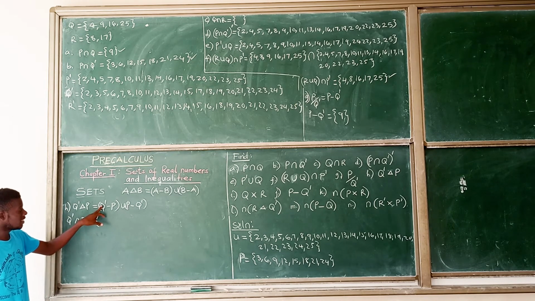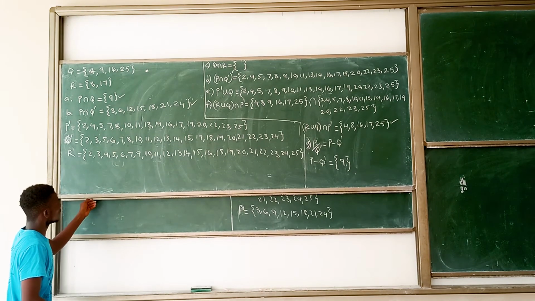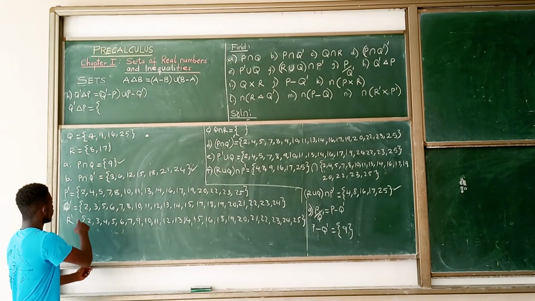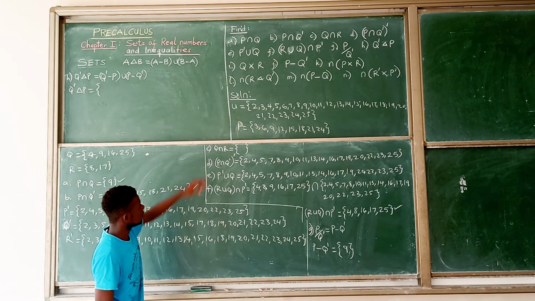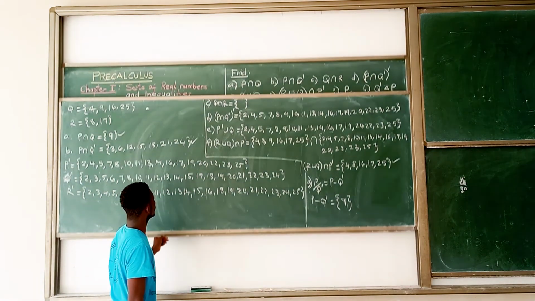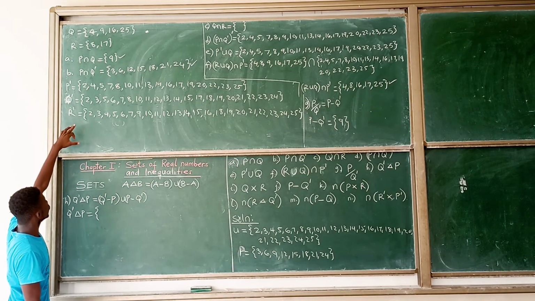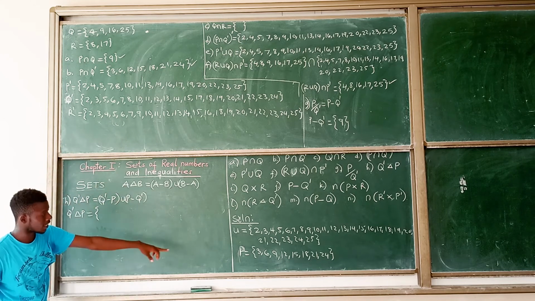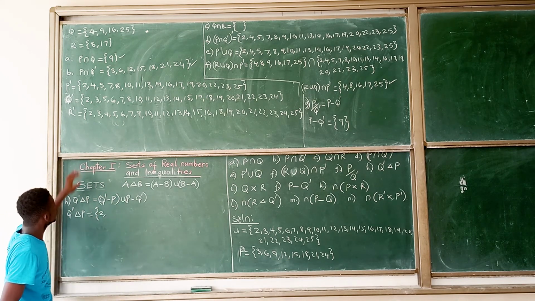What are the elements that are in Q complement and not in P? Q complement is here. What are the elements here that are not also in P? Let's list them quickly. We have 2. 2 is in Q complement and is not in set P. We have 3, which is in both.